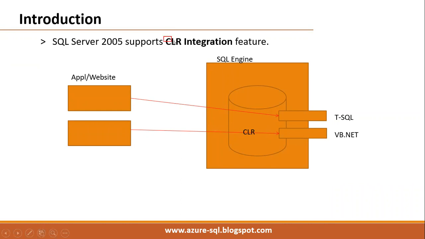CLR is Common Language Runtime integration, which was introduced first in the 2005 version. By using this CLR, our SQL Server can run .NET programs, which are written with VB.NET, C#.